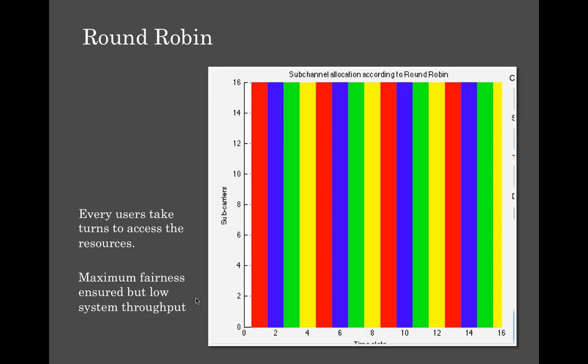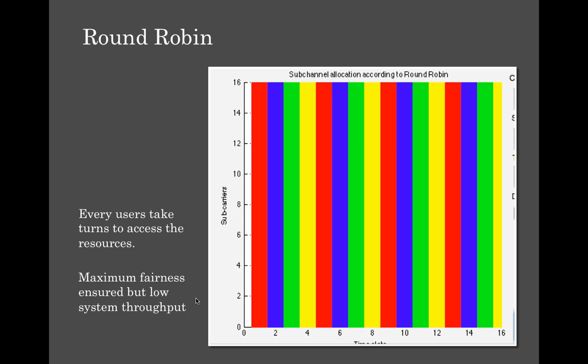The first algorithm I'm going to talk about is round robin, which is the most intuitive algorithm. Every user takes turns to access the resources, like in the graph. Every color indicates a user. In every slot, each user takes turns to get the resources.